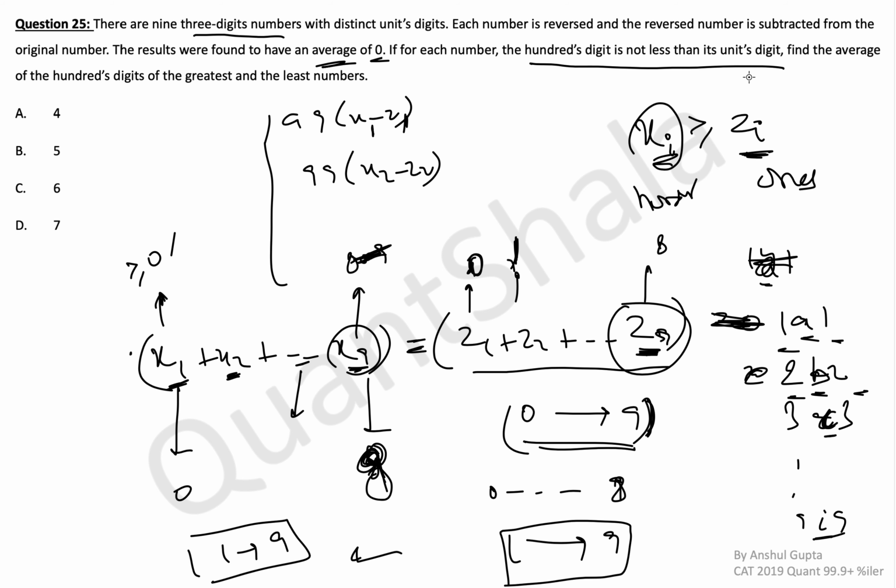So find the average of the hundredths digit of the greatest and least numbers. Greatest will be this number, least will be this number. The hundredths digits are 1 and 9, so the average will be 5.